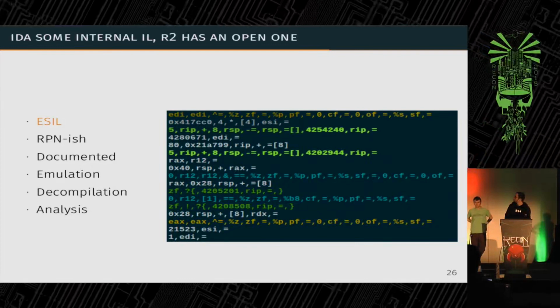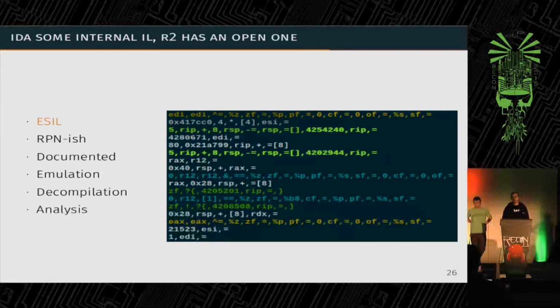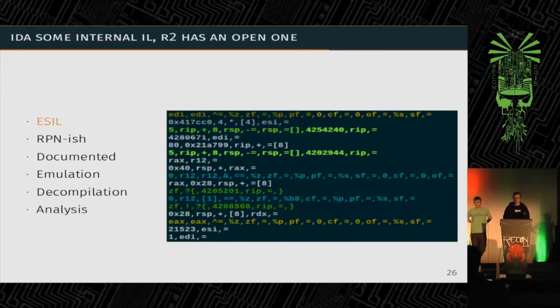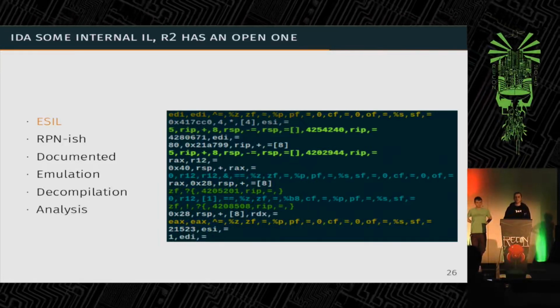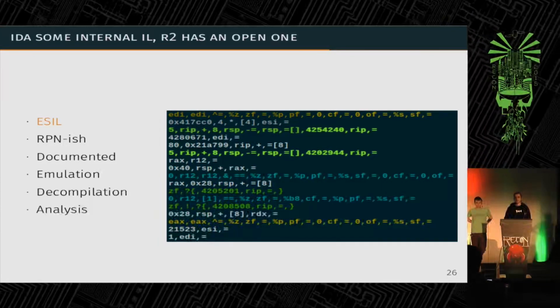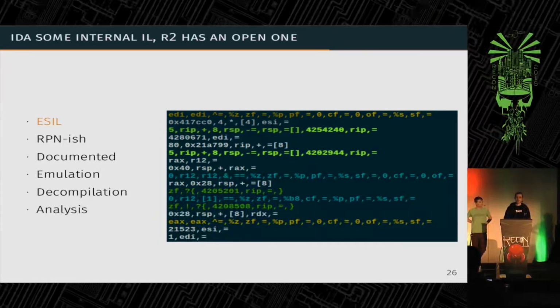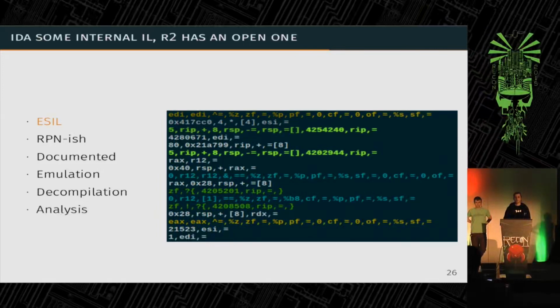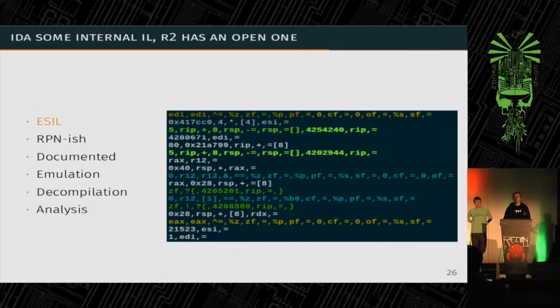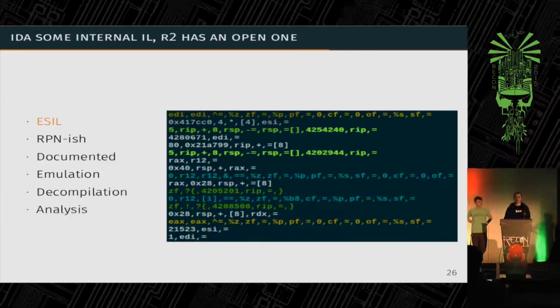This is an excerpt of ESIL, and it's currently used for emulation. We've got some kind of emulation working that is pretty useful for CTF or to pwn some keygen or crackme. And it's currently used also for decompilation and maybe later for analysis. We've got 2 Google Summer of Code students, thanks to the Open Wide project. They're currently working on the decompilation, and we'll talk more about this later.